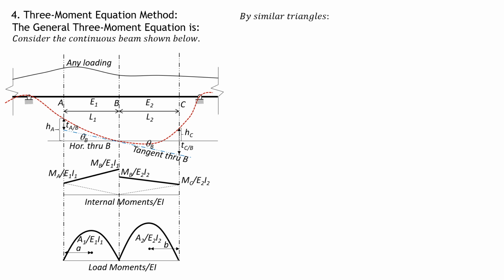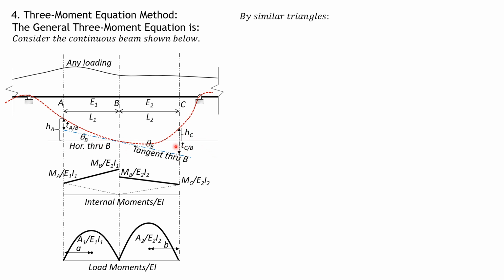So by similar triangles, this is HA minus the deviation of A relative to B over L1, which is similar to this triangle here. The deviation of C relative to the tangent at B. So this triangle is similar to this triangle.